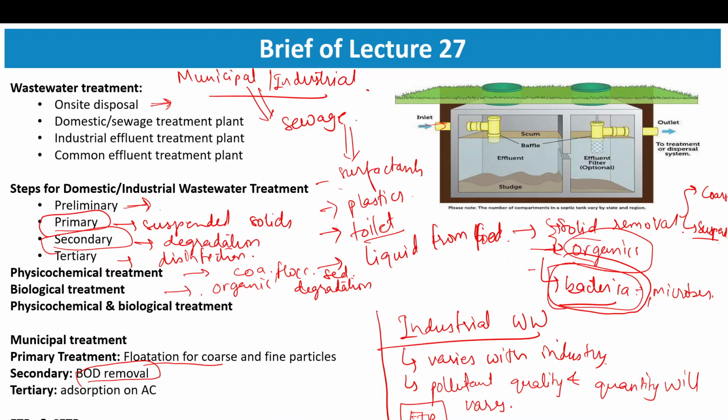However, where industries are not self-sufficient to treat the pollutants, CETPs are used, which is nothing but a common effluent treatment plant.